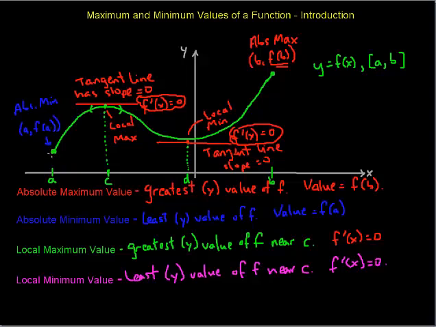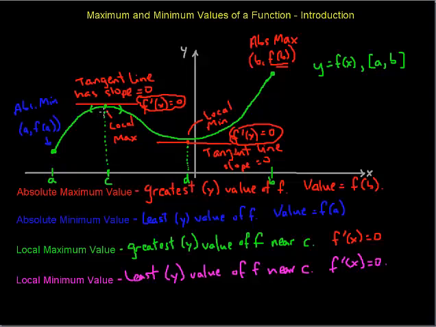Let's just summarize what we've done here. The absolute minimum value is the least y value of the function over the entire domain. The absolute max value of the function is the greatest y value of the function over its entire domain. Remember, the domain here is just the interval from a to b.